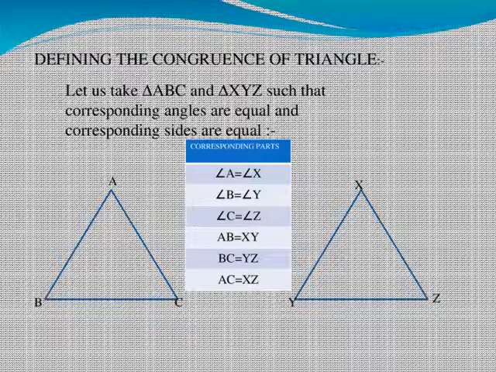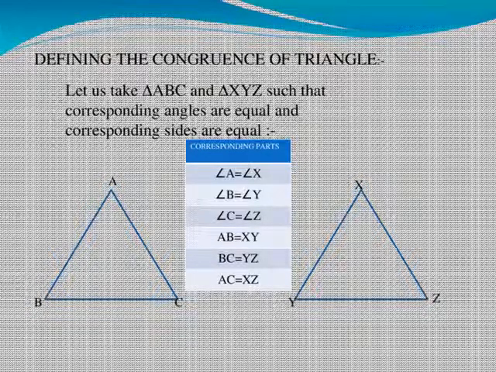Now, if we have two triangles like this, say ABC and XYZ, where it's given that corresponding angles are equal and corresponding sides are also equal, do we need all the six parts to be equal to prove that ABC is congruent to XYZ?